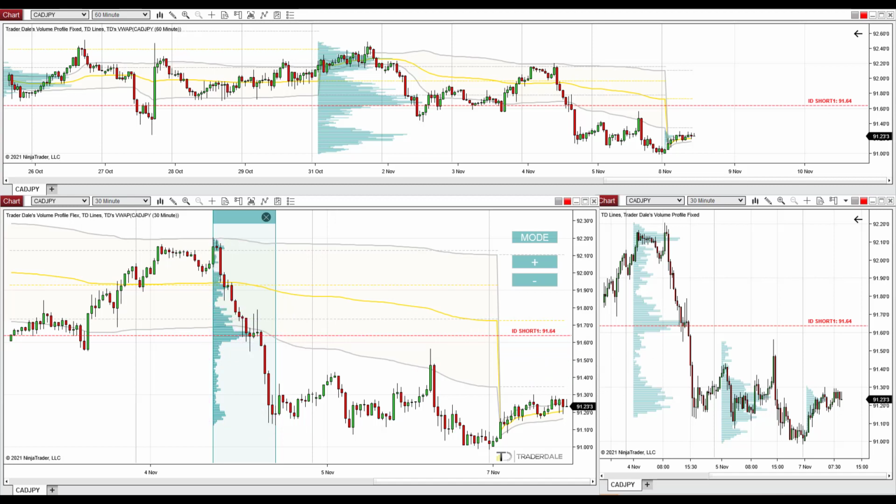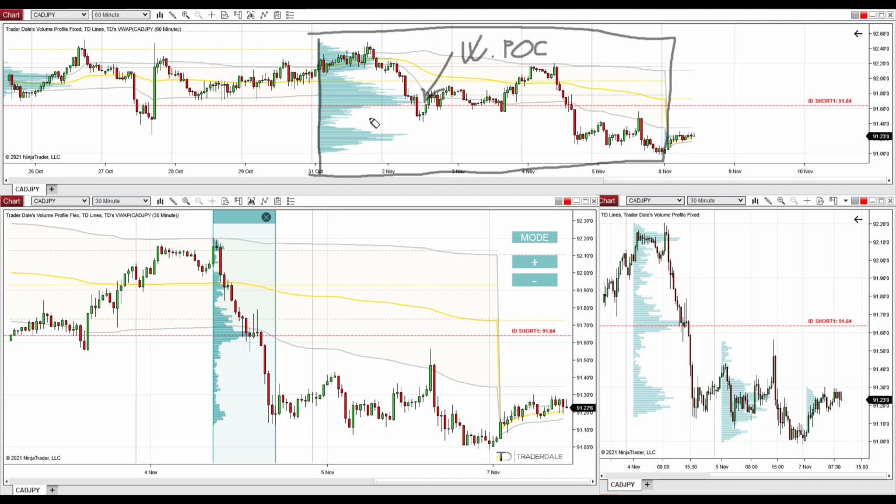All right, now what I like about this level, about this resistance, is if you look in here at this weekly volume profile, the weekly point of control is in here. Again, that means that the heaviest volumes throughout the previous week were traded right there, just a touch above our level, but still in the general area.